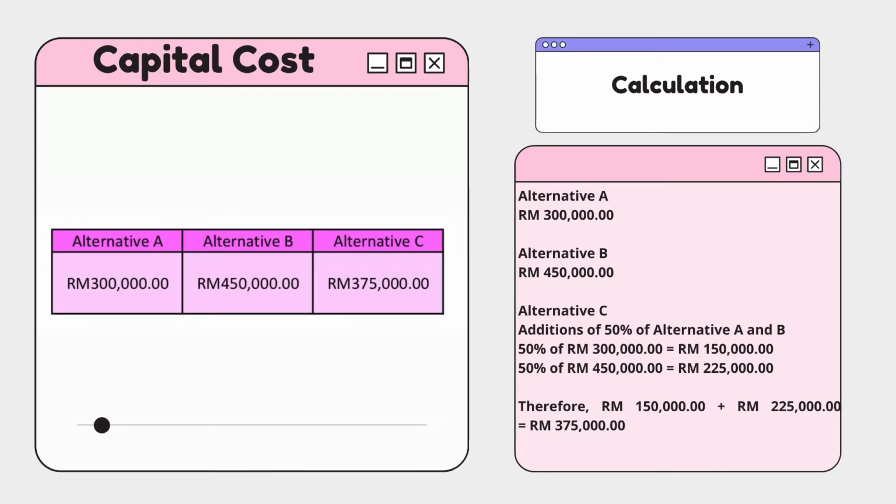For alternative C, it is basically the addition of 50% of alternative A and B, whereby 50% of alternative A is 150,000 ringgit and 50% of alternative B is 225,000 ringgit. Therefore, when you add them together, you will get 375,000 ringgit.